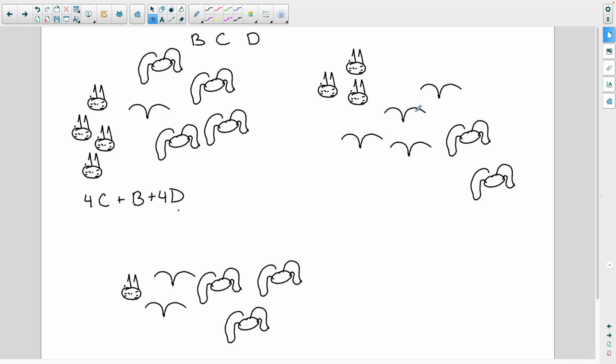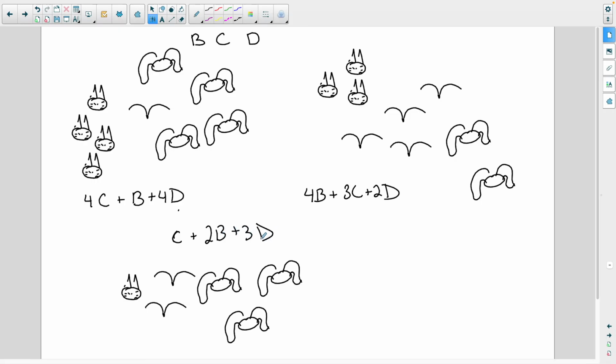This one we have 4 birds. We have 3 cats, and we have 2 dogs. This one we have 1 cat. So again, we don't write that 1 there. It kind of looks silly when we're writing it, but we just leave it as a C. 2 birds and 3 dogs.